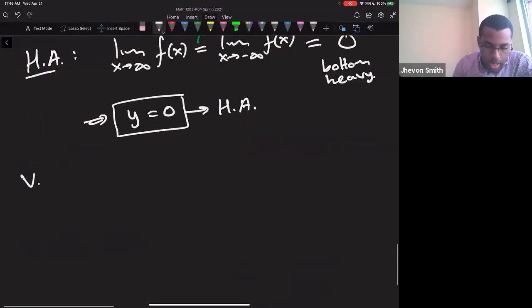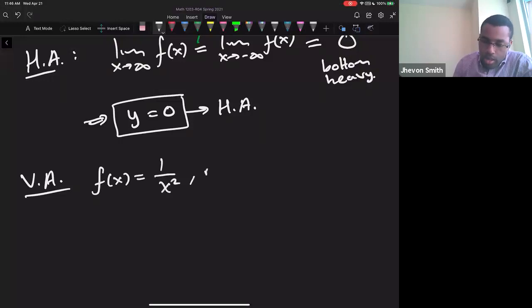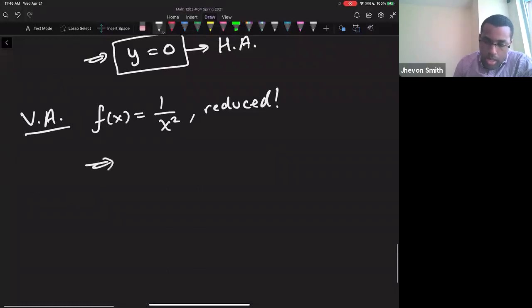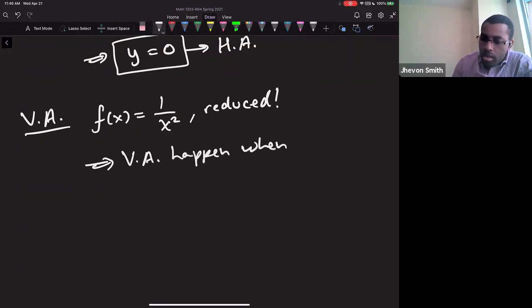Now we move on to the vertical asymptote. So here we have our f of x equals 1 over x squared. Notice that it's reduced. So this means the vertical asymptotes happen when the denominator equals 0.